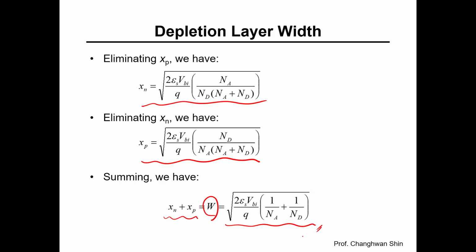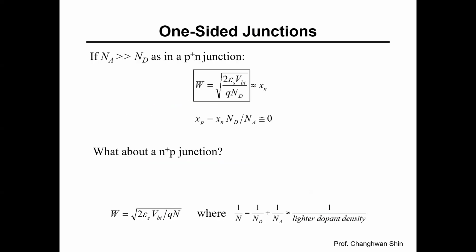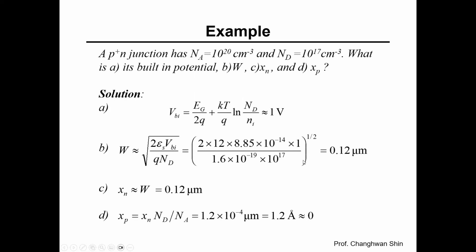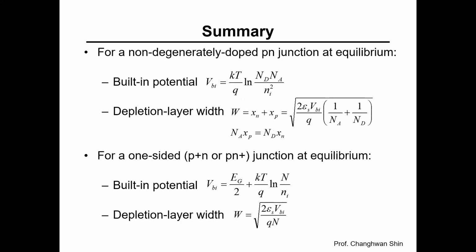So this completes our analysis of PN junction electrostatics at thermal equilibrium. The one-sided junction case I'm going to leave for your exercise, with some example problems from the textbook and the summary note.